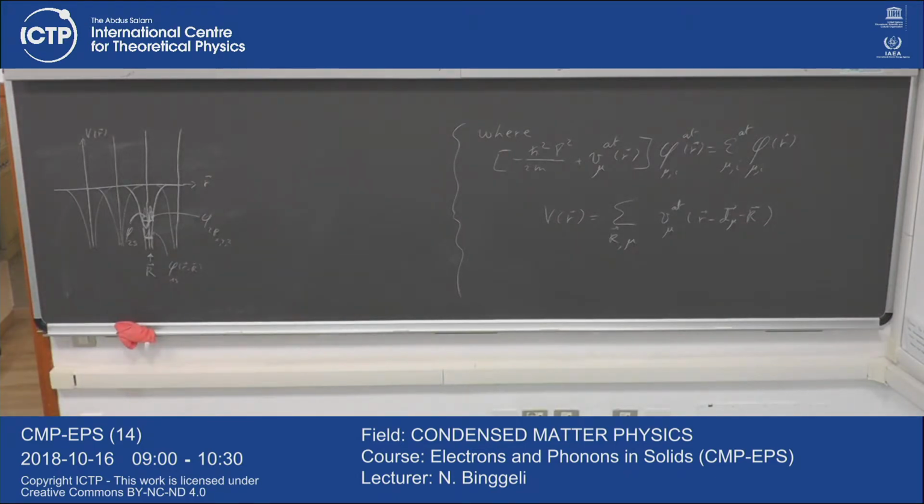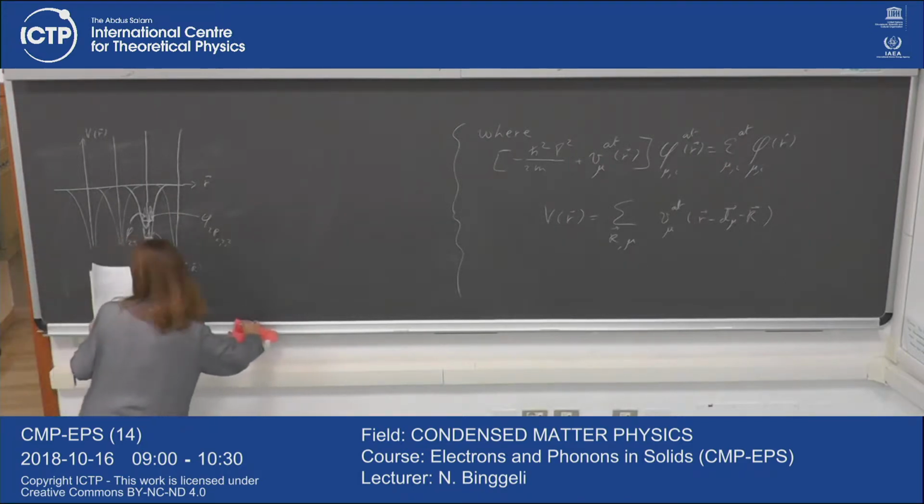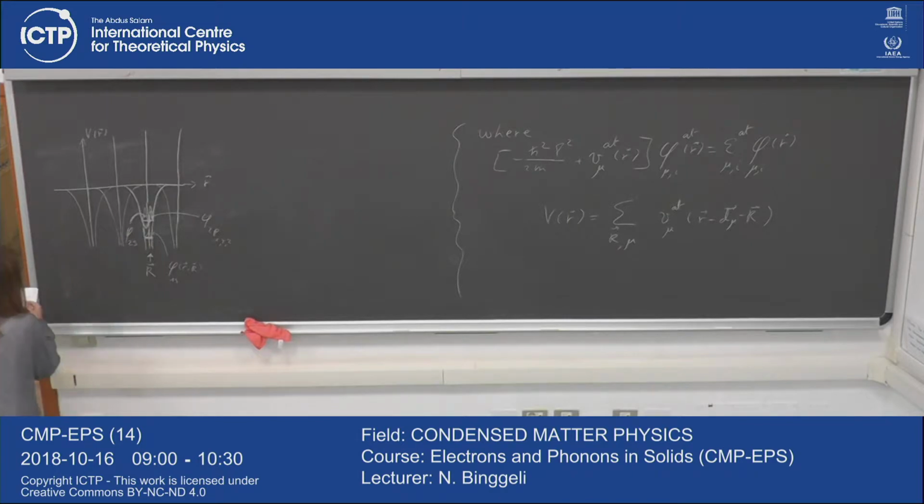So in principle, in the tight binding method, or the way I wrote the wave function at the beginning, I was summing over all lattice sites, over all atoms, and over all atomic orbitals of a specific atom. So the initial basis I had was for all the atoms in my crystal.